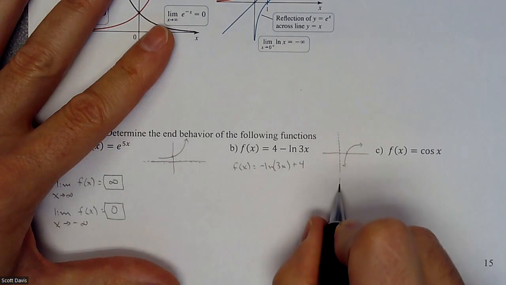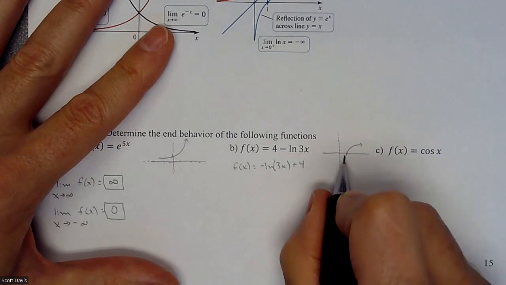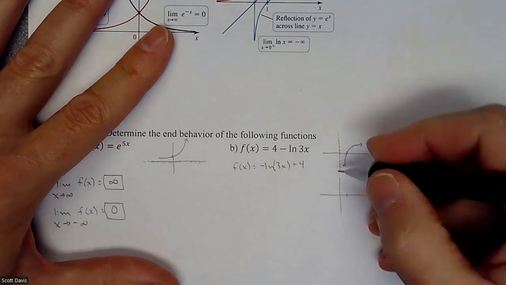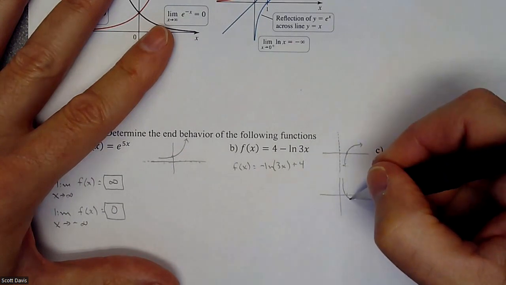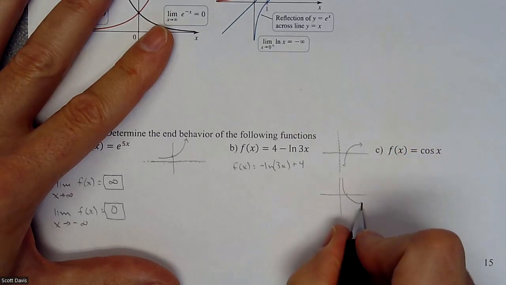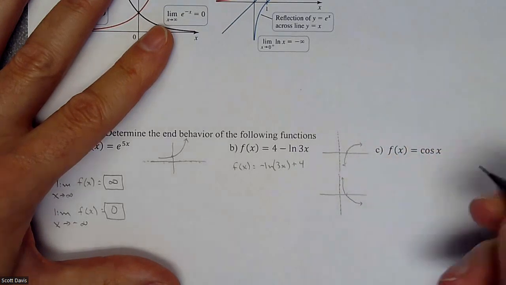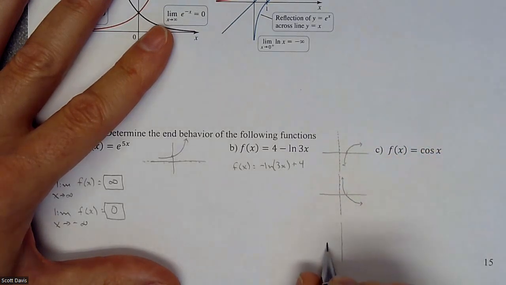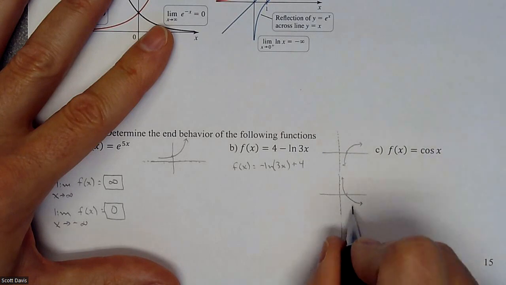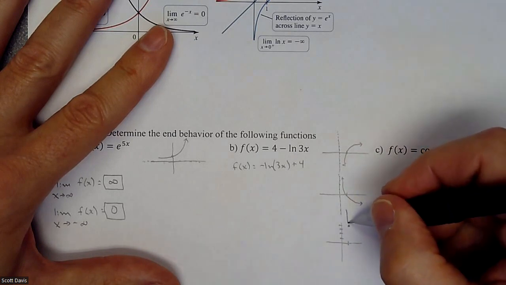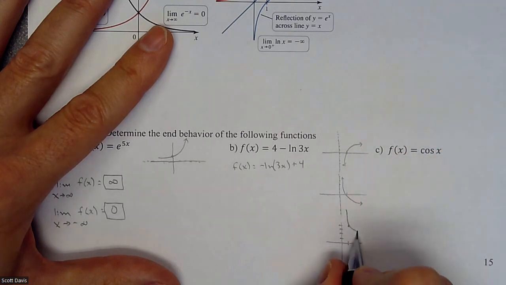So if we vertically reflect it, instead of going up, our graph is going to go down like that. We still have this vertical asymptote here, a domain issue. And then we're going to shift it up 4. So instead of it crossing the x-axis, we're going to go 1, 2, 3, 4. And then it's going to start to turn there.